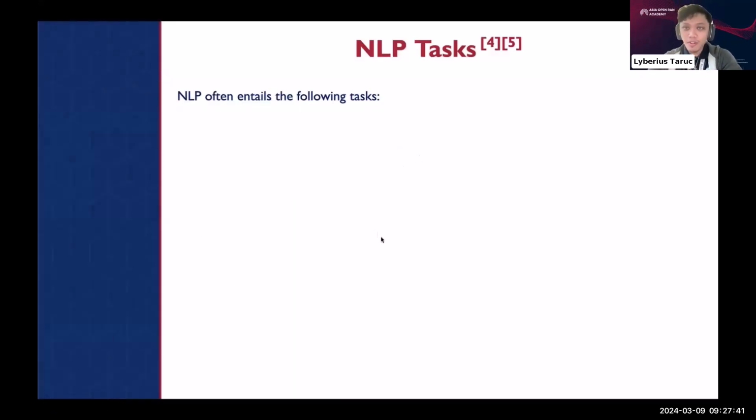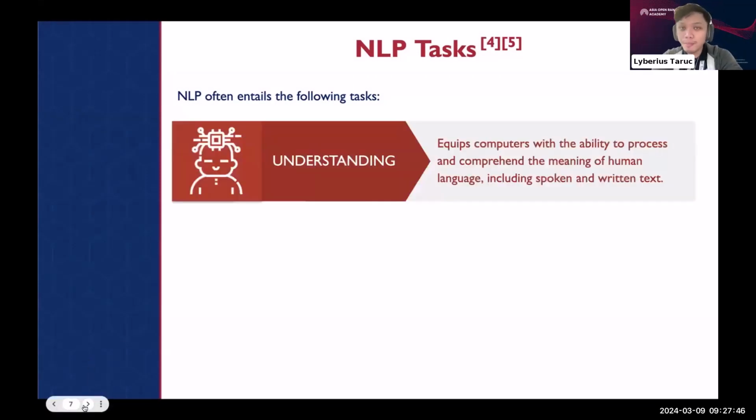Now, NLP often involves several tasks. Here I was able to highlight three. First one, understanding. Through NLP, it equips computers and machines with the ability to process and comprehend the meaning of human language, including spoken and written text. Meaning through NLP, a machine is able to literally understand, and by that I mean make sense of what these words mean through its algorithms, through its processes inside, right?